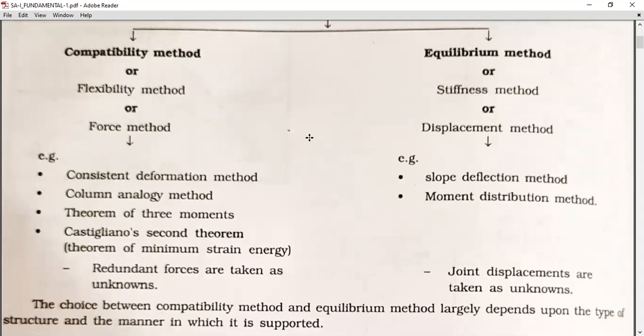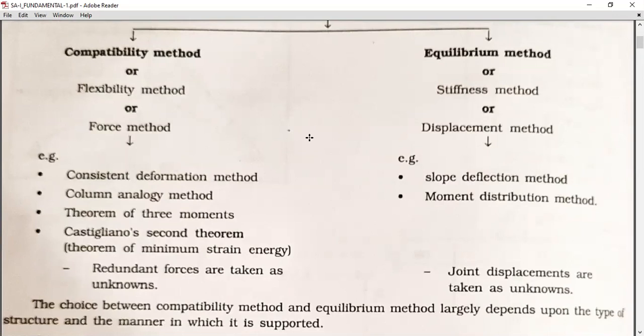We can see some examples. In the compatibility, flexibility or force method, these are the consistent deformation method, column analogy method, theorem of three moments, Castigliano's second theorem, and theorem of minimum strain energy, which we can study in the strain energy chapter.